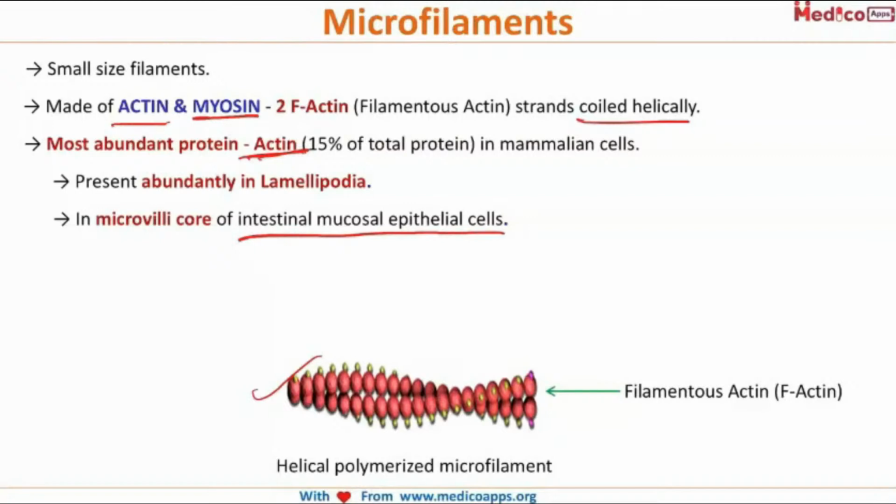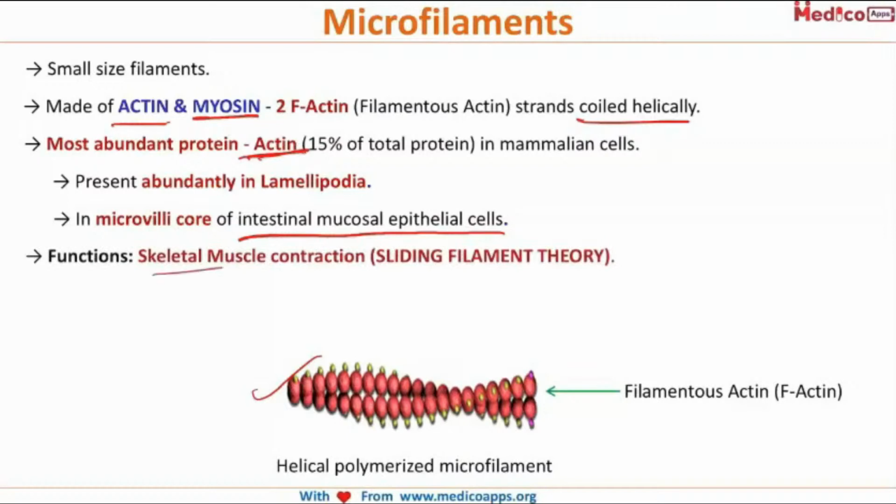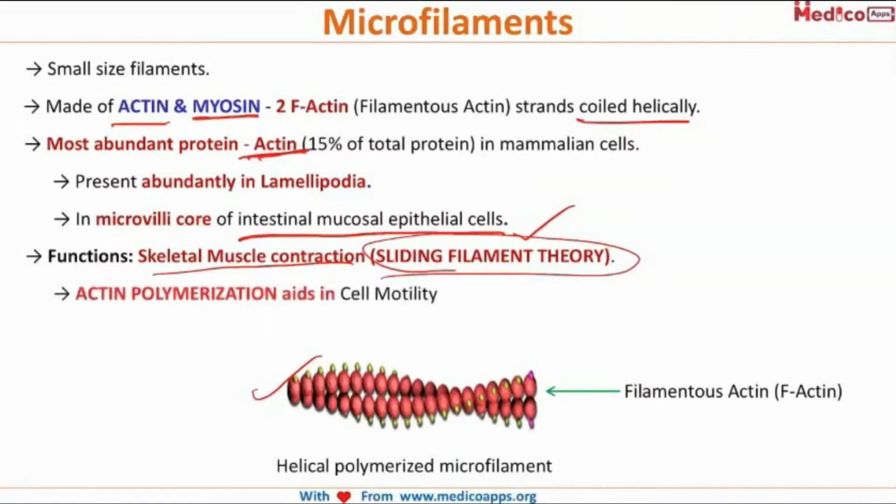The main function, whenever you remember actin and myosin, you will remember skeletal muscle. So the function is contraction of skeletal muscle. That is, we know this famous theory, the sliding filament theory. Okay. Now, another concept over here, the actin polymerization also helps in cell motility, right?